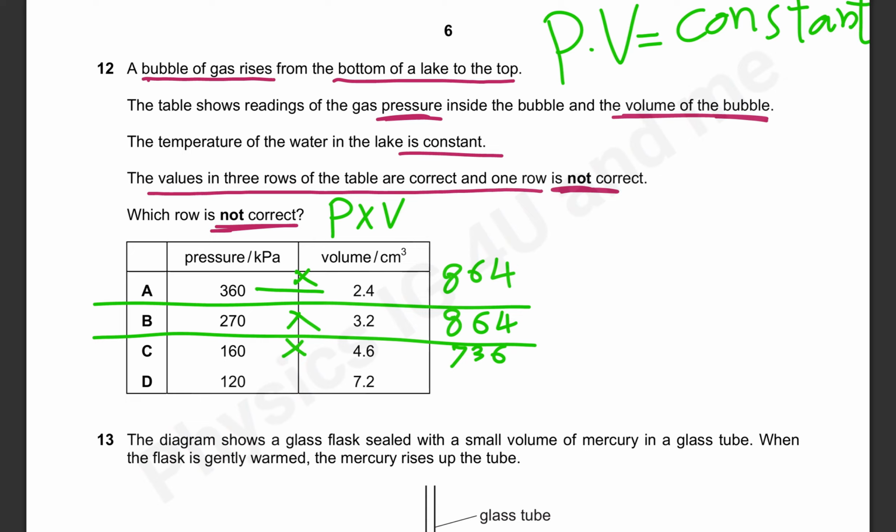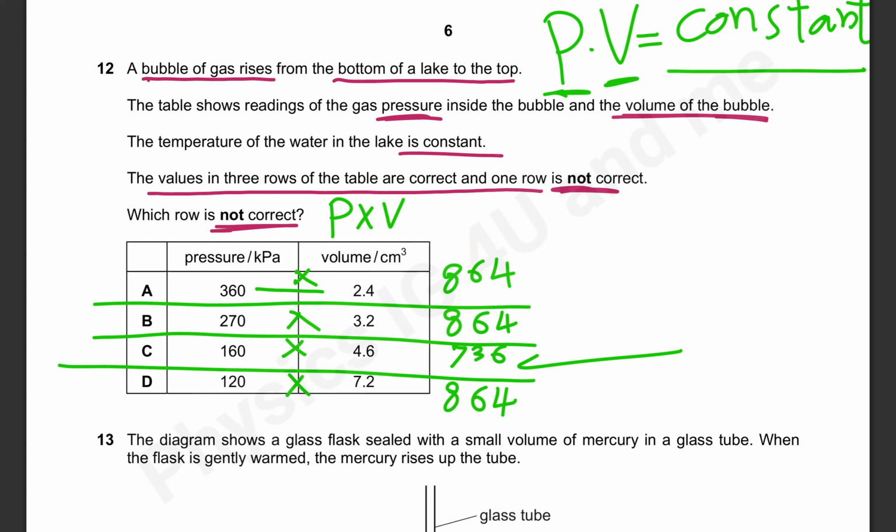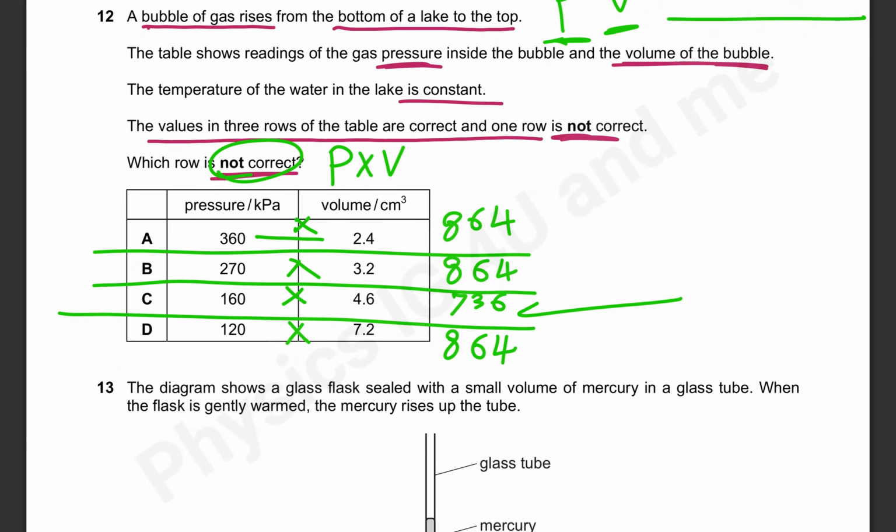So obviously C is wrong, but let's make sure with D. Multiply 120 multiple 7.2, you will get 864. So the odd one is this. As we agreed, pressure multiple volume should be a constant number. So it is constant in A, B, and D, but C is not constant. And they are asking about the one that is not correct. I hope it's clear.